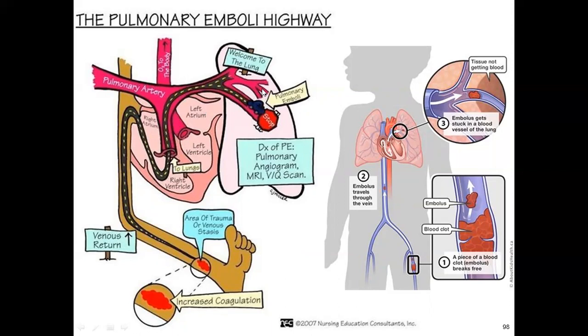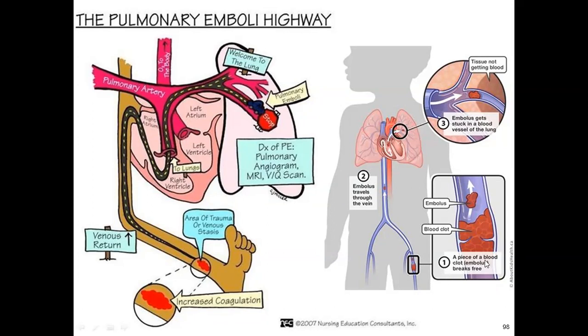Inside the lungs, there is microcirculation, with so many arteries and very small arterioles and venules. They get stuck and cause the blockage, and the patient develops pulmonary embolism.